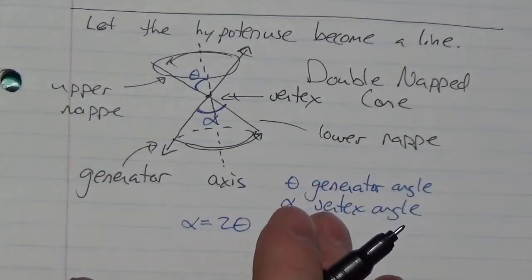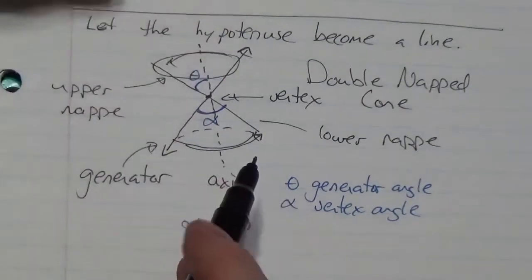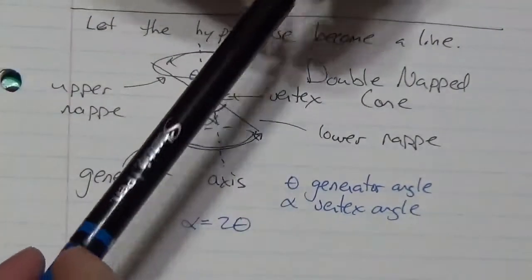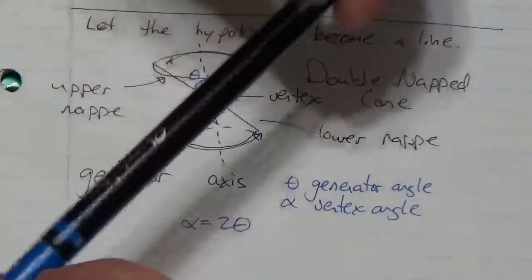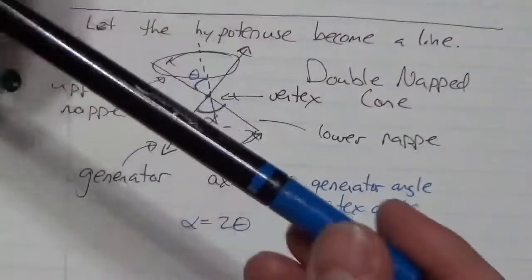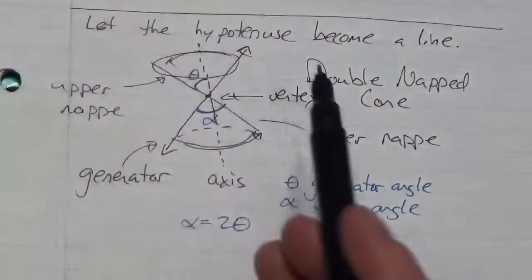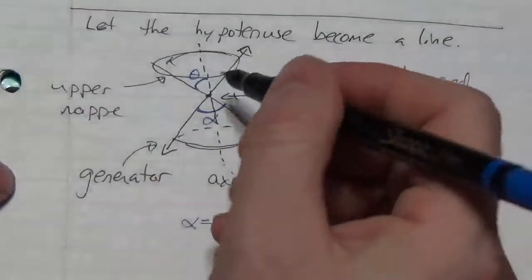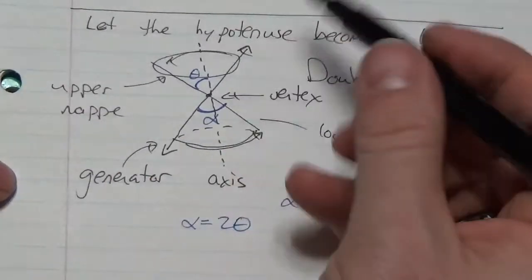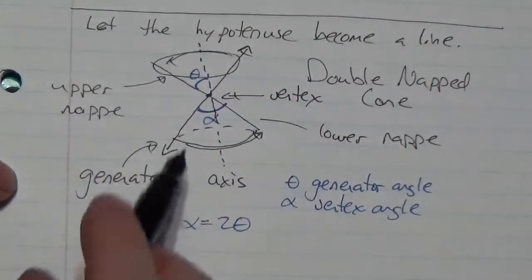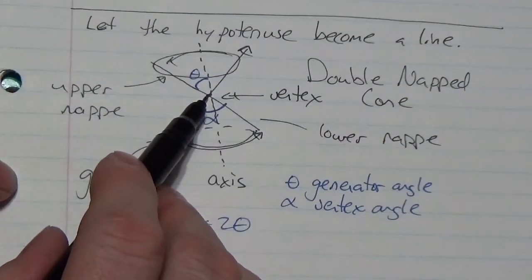This is the shape that we're going to be analyzing, called a double napped cone, formed from taking that generator and rotating it about an axis. I know this looks weird. It's going to create two naps, the upper nap and the lower nap. They're going to meet at a vertex here.